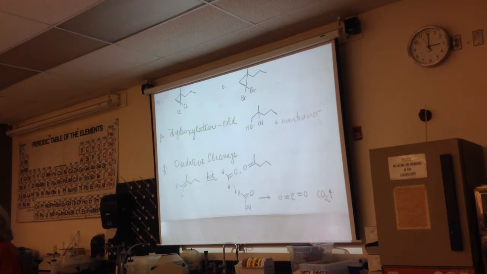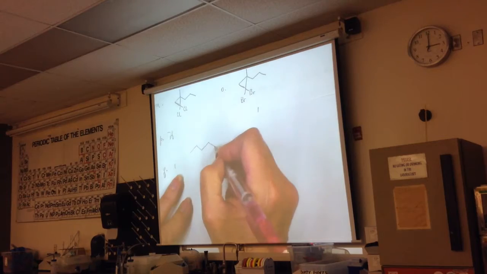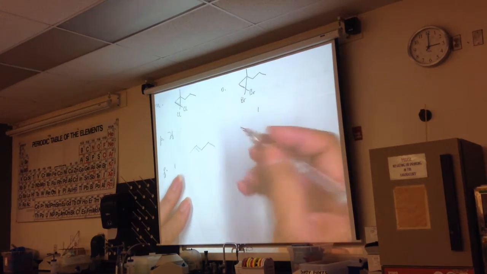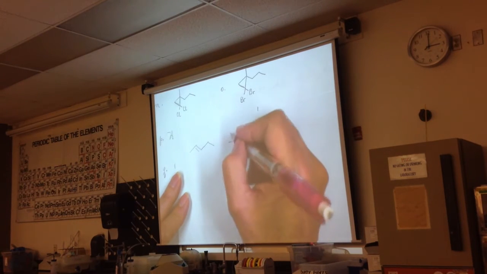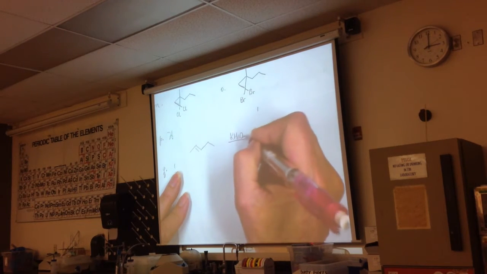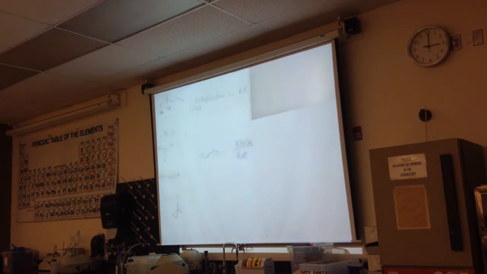This one is kind of an important reaction. So let's try this one. What happens if you have this one and you're oxidizing with permanganate and hot? Permanganate hot, what happens here?